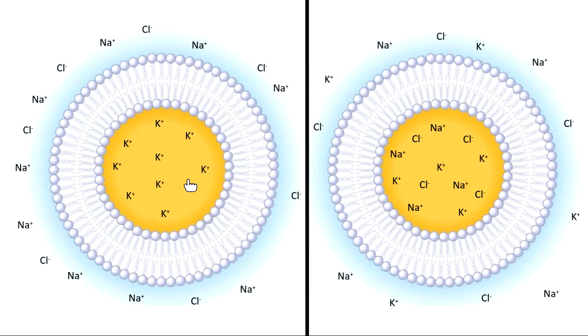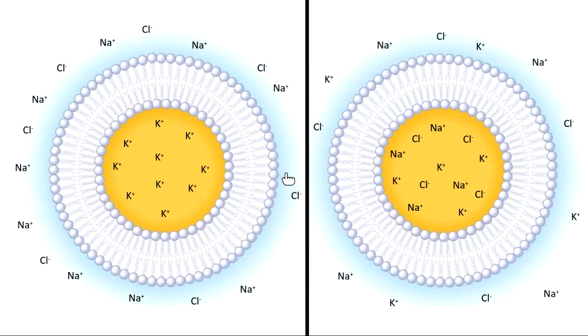Because I have different concentrations of potassium and sodium and chloride inside versus outside, there's a special word to describe what's going on with this cell. It actually has a different charge on the inside compared to the outside as well. What's the word when a cell is different on the inside compared to the outside?